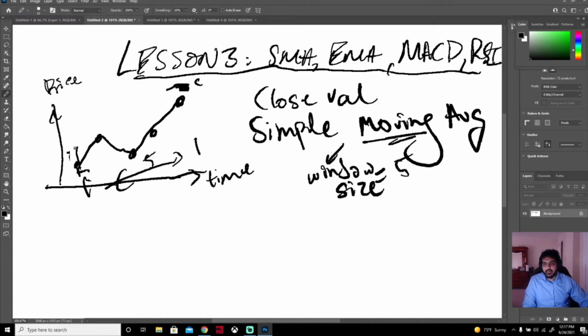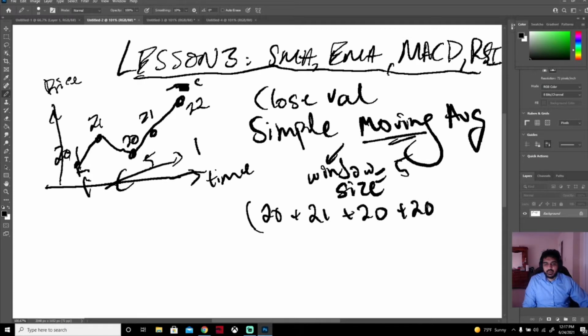What you have to do, say these are 20, 21, 20, 21, and 22, is add them all together and divide by 5. That'll give you some value right in the middle over here.